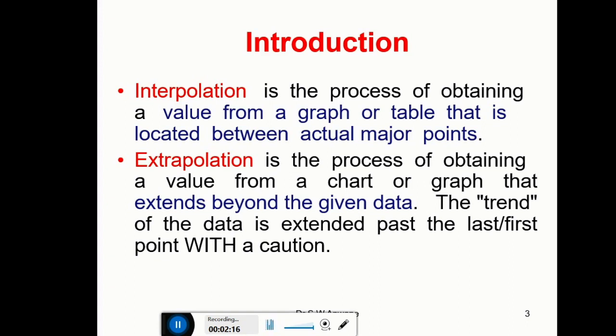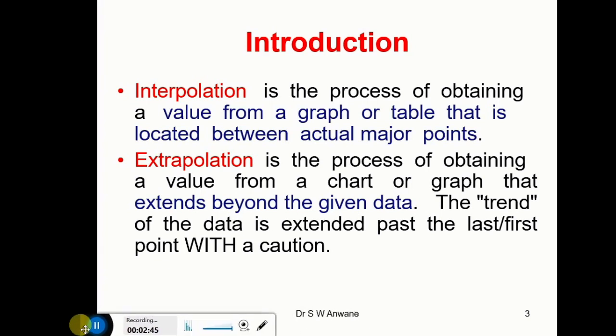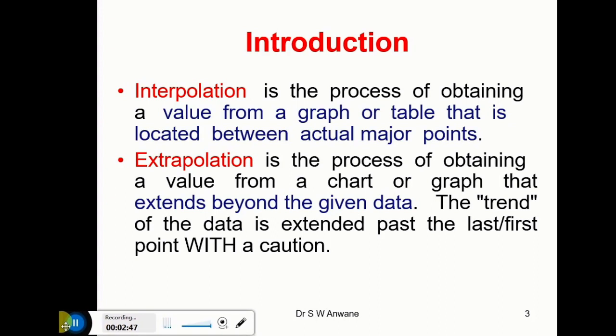And extrapolation is after the final data and before the first data. Now that region is a very tricky and risky region to predict. But if you like to predict by a straight line, then you can extrapolate. If you like to predict it by a polynomial, then the mathematical know-how, we are going to discuss how that is going to help us.